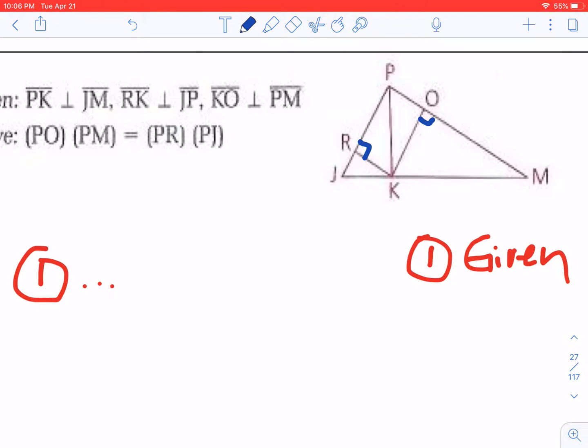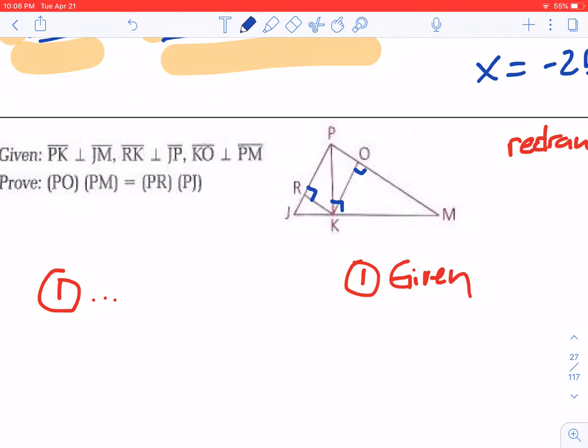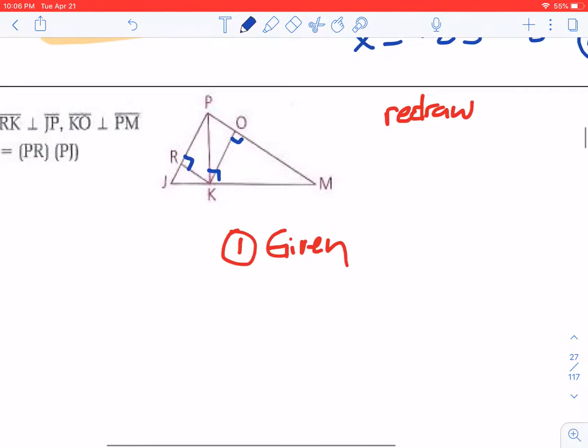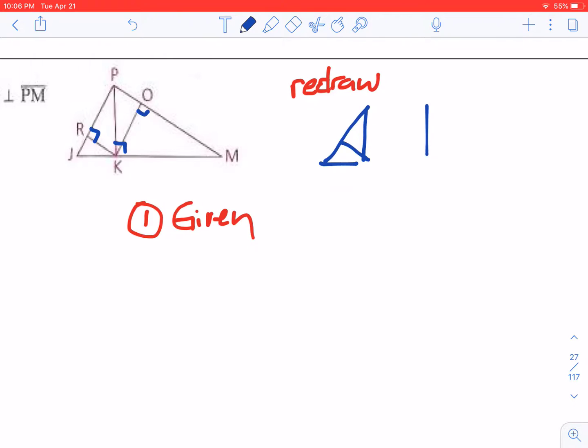And we also know that this is perpendicular as well. So we've got altitudes inside of altitudes. I would suggest in this case a little redraw will be helpful. And this one over here.